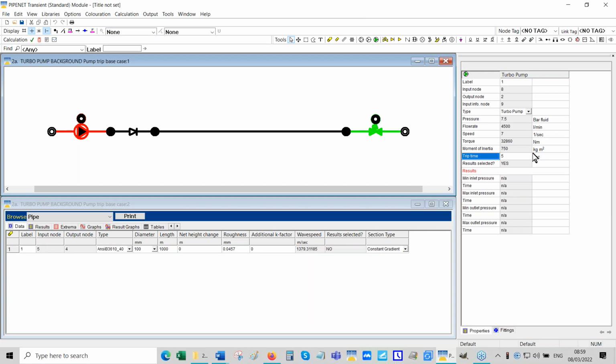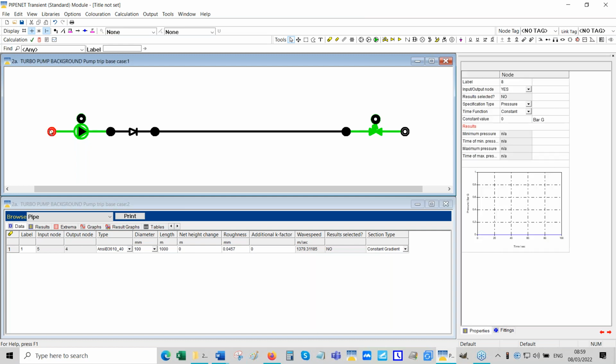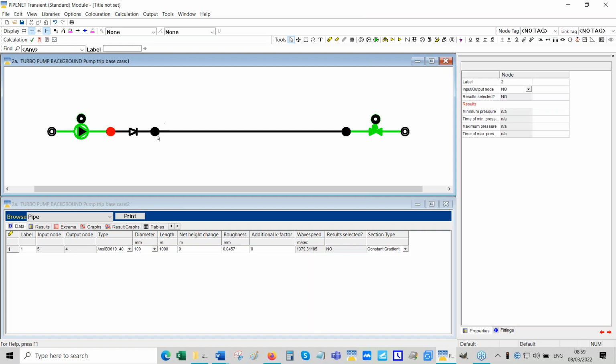Or, when I say trip, it could be because the operator switches off the pump. See, the problem is when the pump loses power, the pressure here typically would become less than the pressure there. Why?